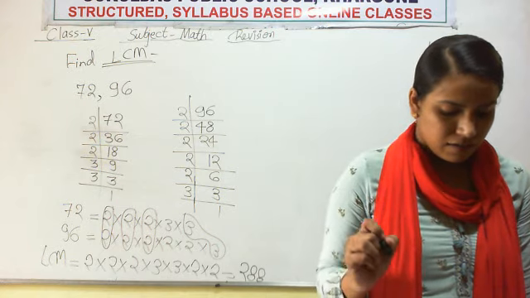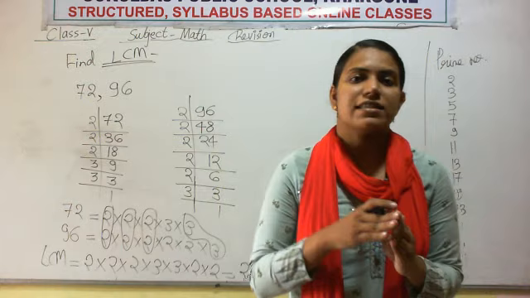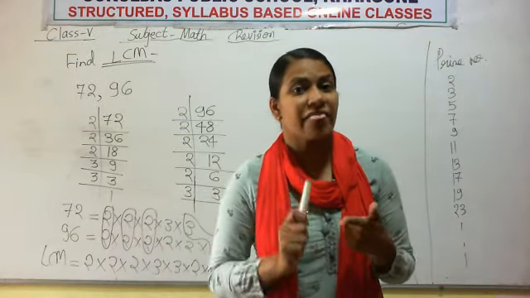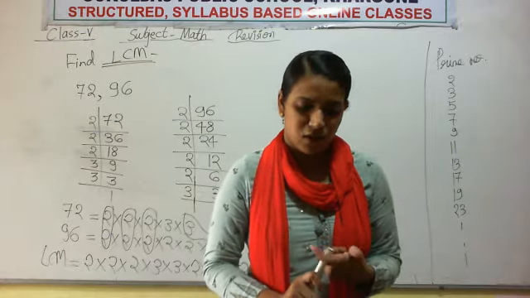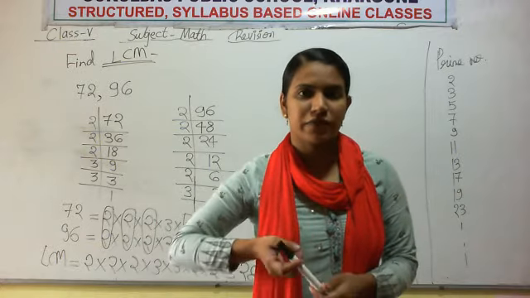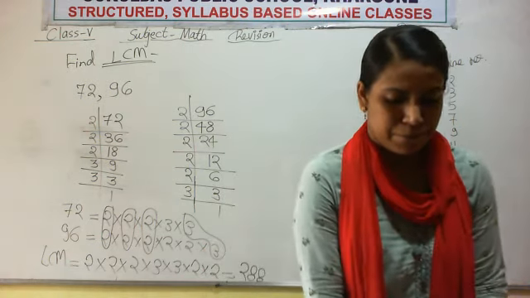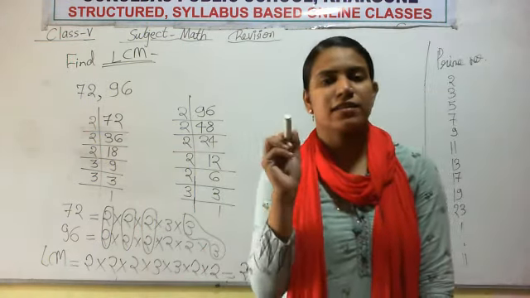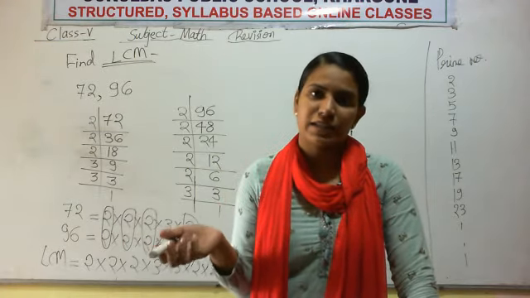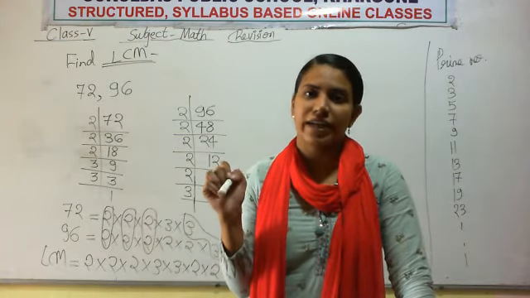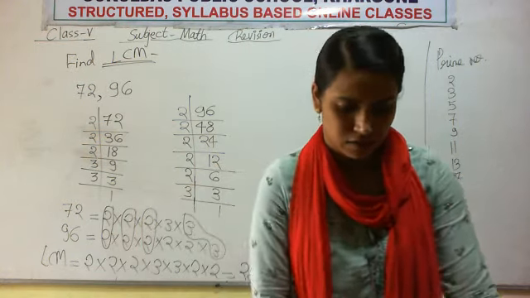So in decimal we discussed the place values. After the decimal point, what are the places? Tenths place, hundredths place and thousandths place. Okay, tenths place we can read as 1 upon 10, hundredths place we can read as 1 upon 100, and thousandths place we can read as 1 upon 1000.